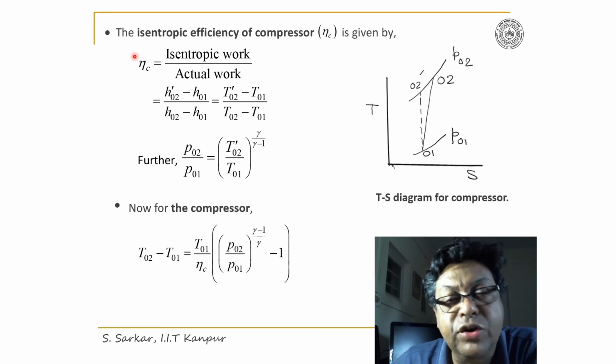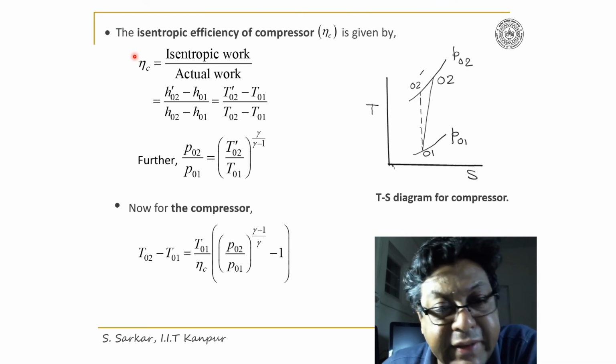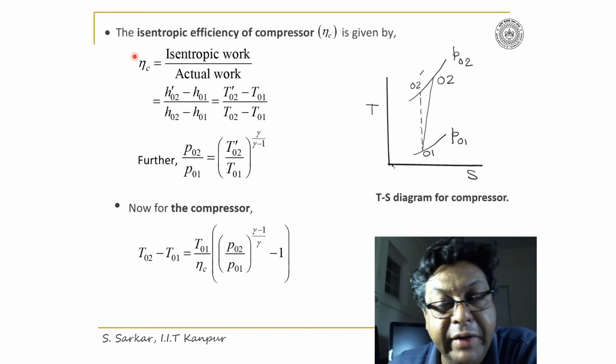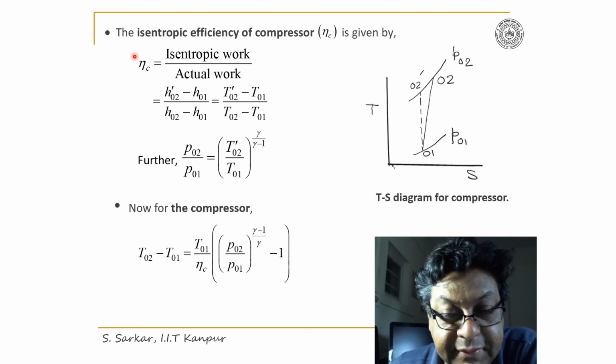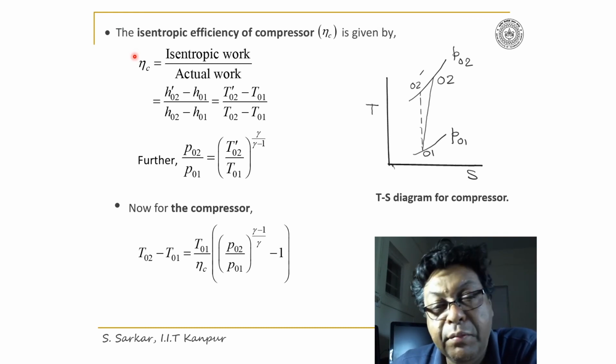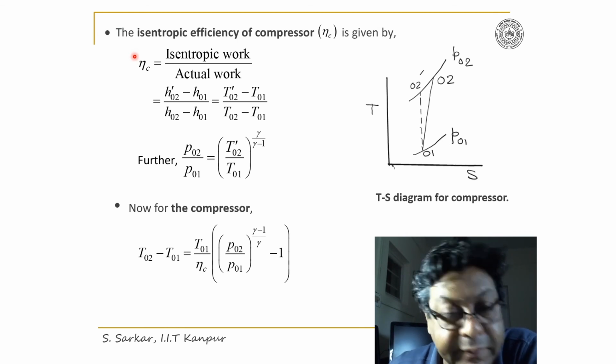Thus, the isentropic efficiency of the compressor can be defined as eta C equal to isentropic work divided by actual work. Now, in a compressor, actual work absorption will be more than that of the isentropic work.